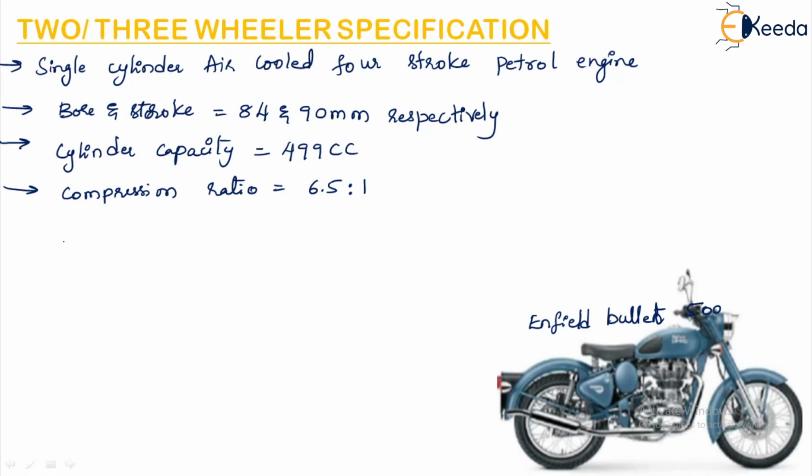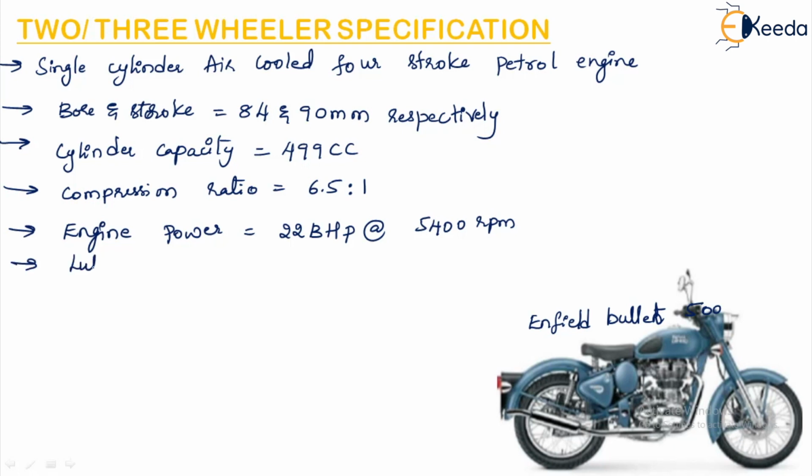It was 9.9 is to 1 in Hero Honda Splendor. Then the engine power for Royal Enfield is 22 bhp at 5400 rpm. So engine power is also very high when compared to the normal motorcycle.